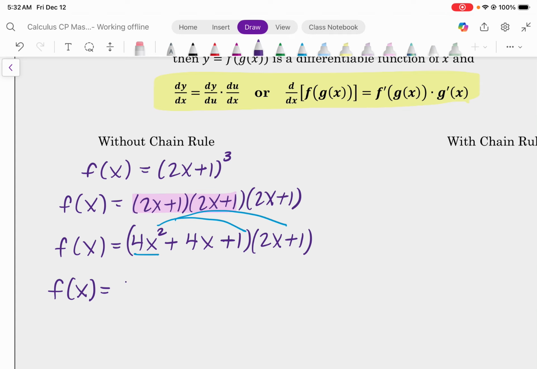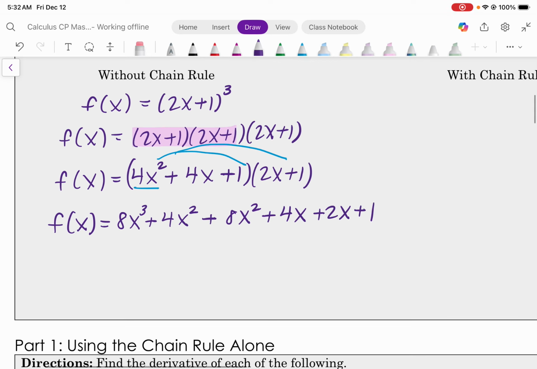We would have 8x to the third plus 4x squared plus 8x squared plus 4x plus 2x plus 1. Then I would need to combine my like terms. So 8x cubed plus 12x squared plus 6x plus 1. Now none of that is calculus.